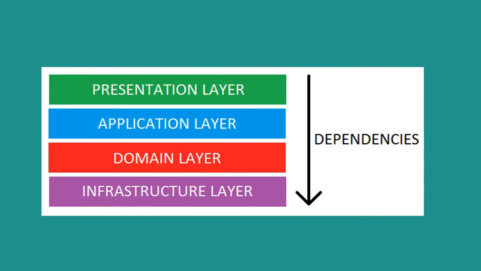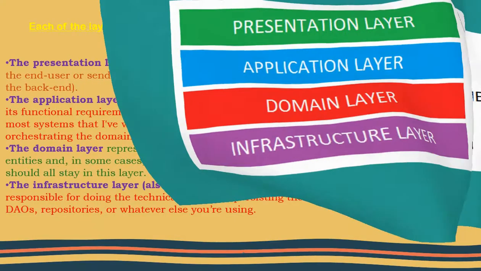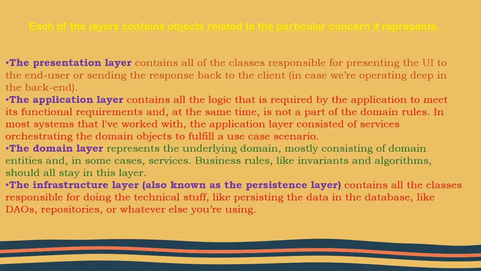Now the layers of the layered architecture are the presentation layer, application layer, domain layer, and infrastructure layer. Each and every layer contains the objects which are related to the particular concern it represents. Now let's see the presentation layer. It is responsible for presenting the UI to the end user and sending the response back to the client.